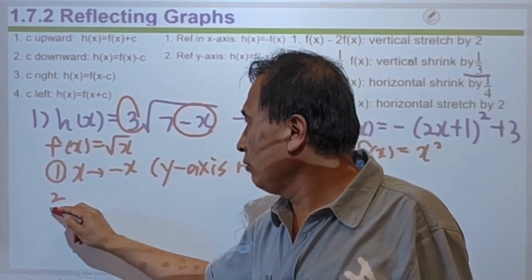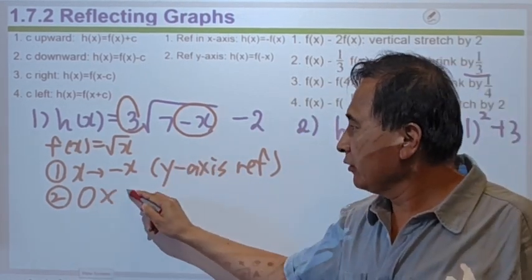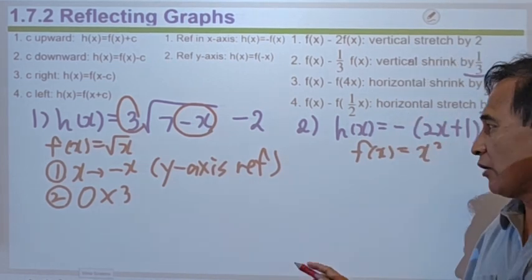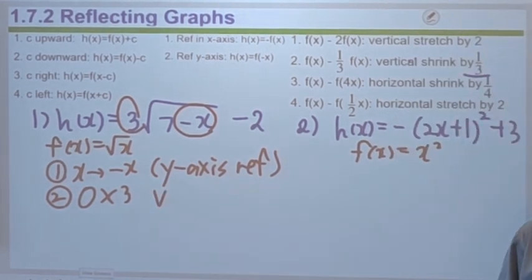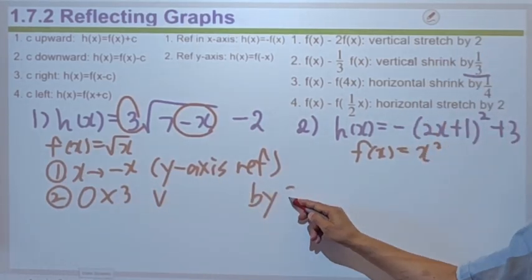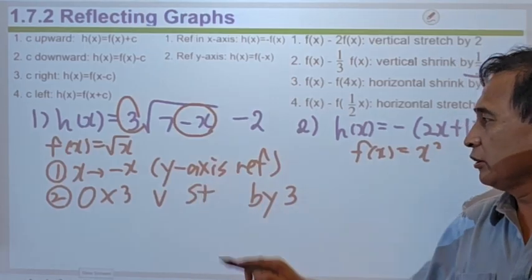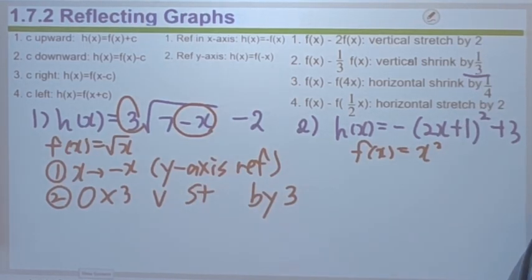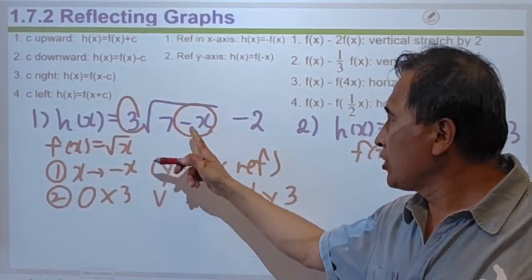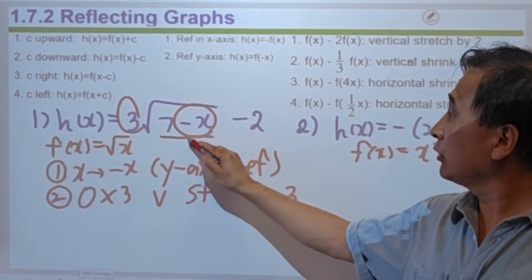And then times 3. That means stretch or shrink, but outside is vertical, right? Vertical, then as it is, times 3, then by 3, right? Oh, bigger than 1. Then stretch. Got it? And there's no shift from a subtraction outside of the root.